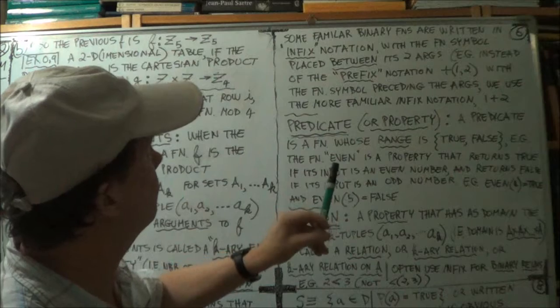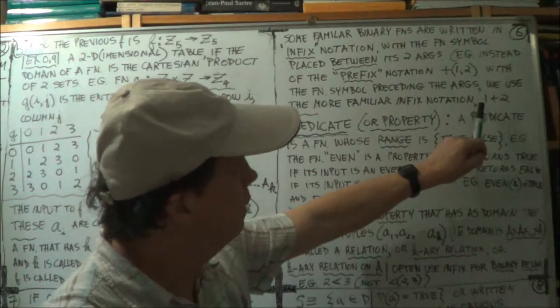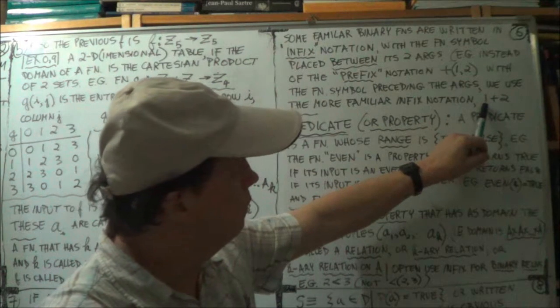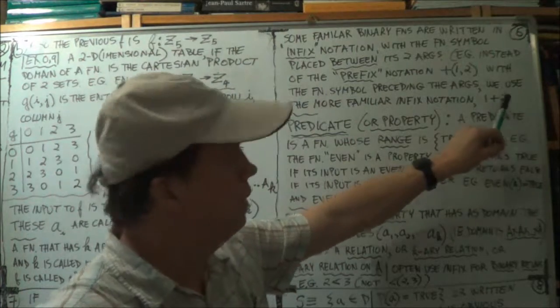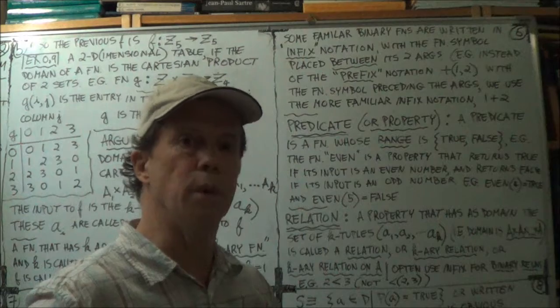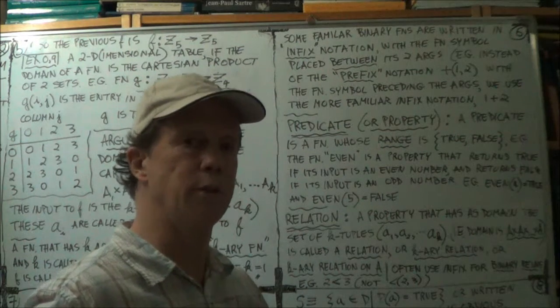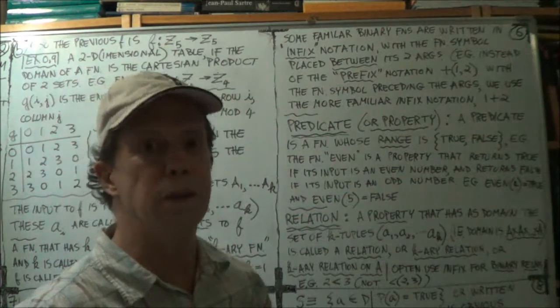So say this is the value of your first input, and this is the value of your second input, and this plus sign is your function symbol. So little f would be a plus sign, and it's in the middle.